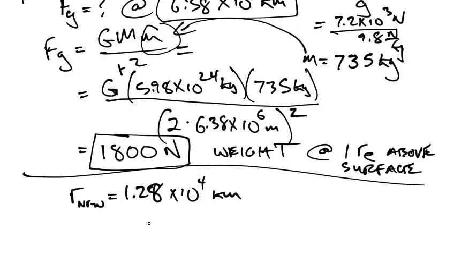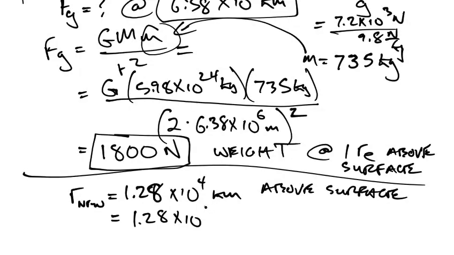Now we have to change this to meters. This is also above the surface. So that becomes 1.28 times 10 to the power of 7 meters. But remember, we now have to add 1 Earth radius to this in order to be from the center.